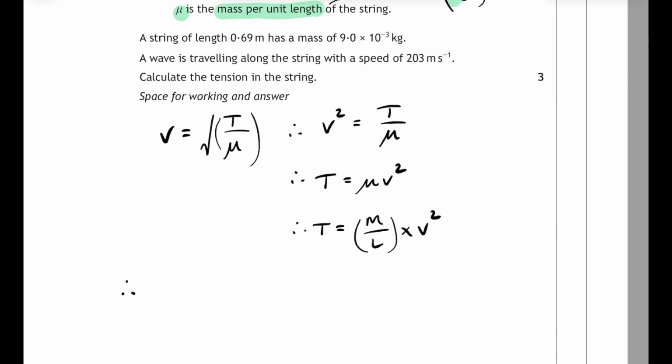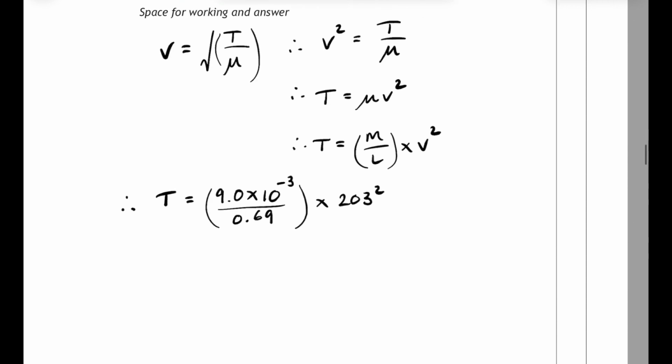Then we can substitute all the values in. So T is equal to 9 times 10 to the minus 3 divided by 0.69, that's the mass per unit length, times V squared, which is 203 squared. If you do that on your calculator, it gives you an answer for the tension of 540 newtons.